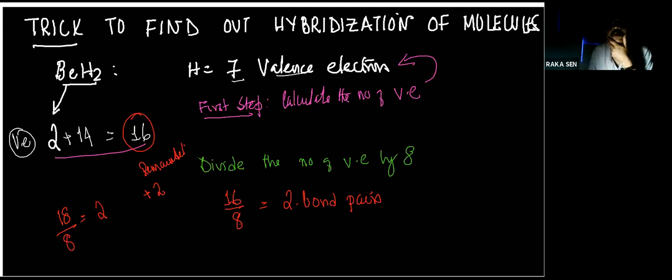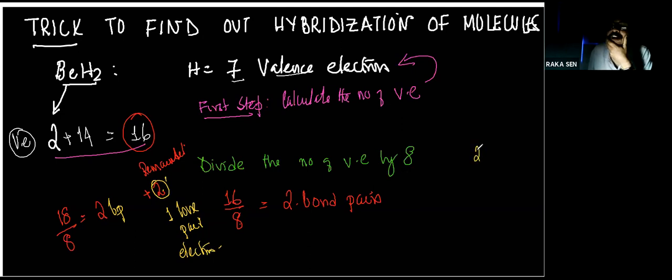This 2 will be my bond pairs, and this remainder 2 will be my unpaired electrons. So 2 electrons will give you 1 lone pair. Lone pair means one which is not taking part in bonds.